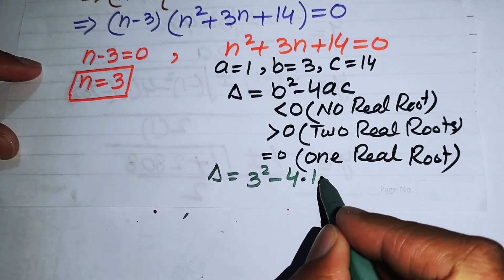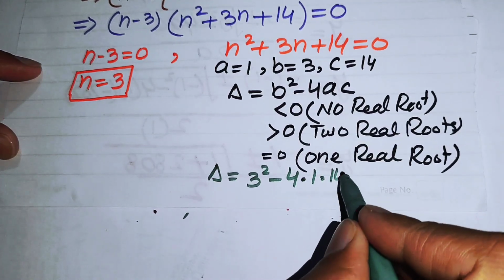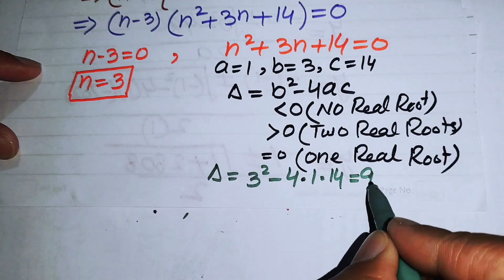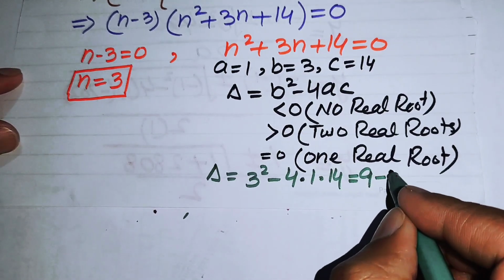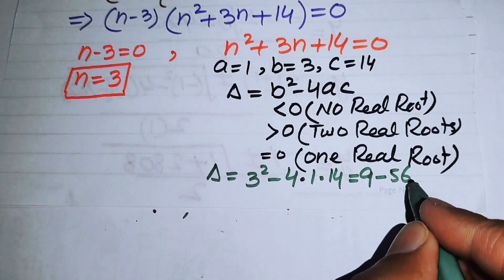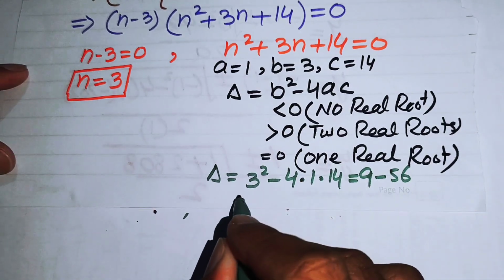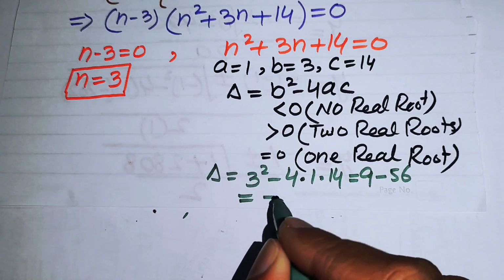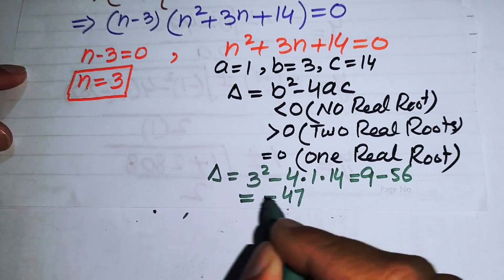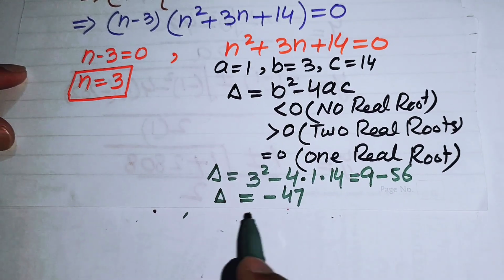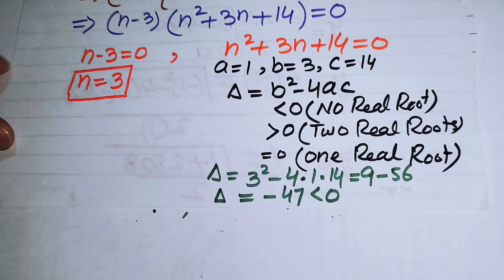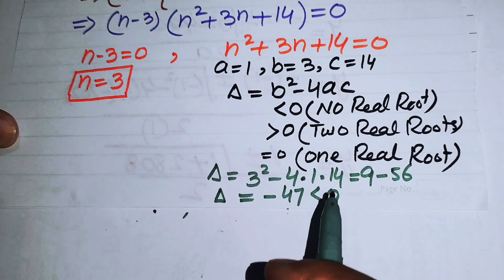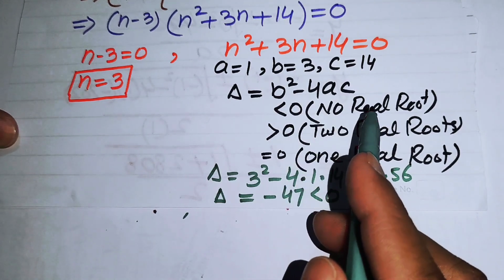So a is 1 and c is 14, so it equals 9 minus 4 times 14, which is 56, and 9 minus 56 equals minus 47. So this shows that our delta is less than 0, and you know that if our delta is less than 0, then it has no real root.